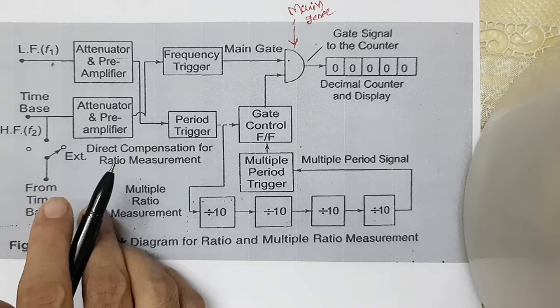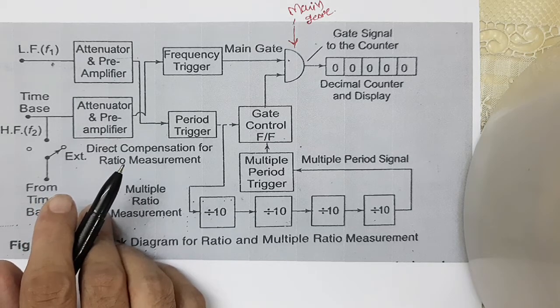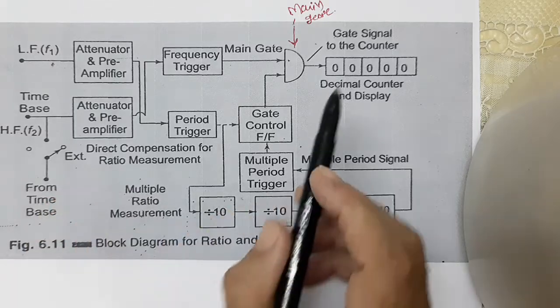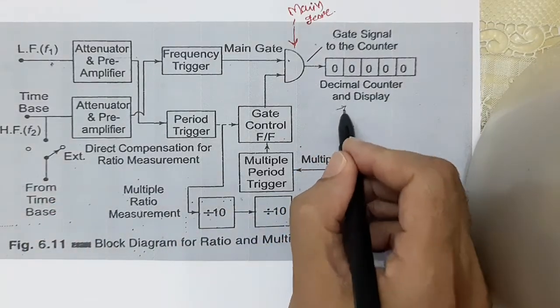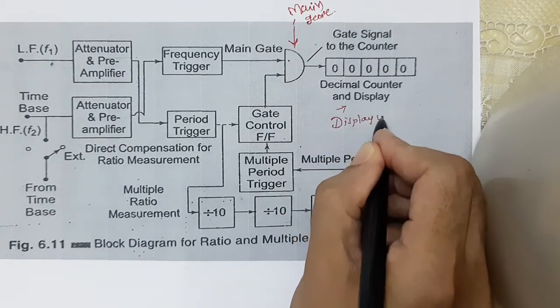The number of cycles of high frequency signal F1 which occur during the period of lower frequency signal F2 are counted and displayed by the decimal counter and display unit. This is our display unit.